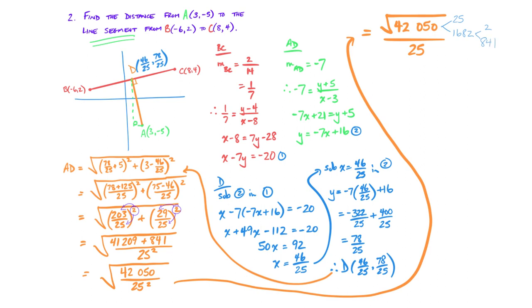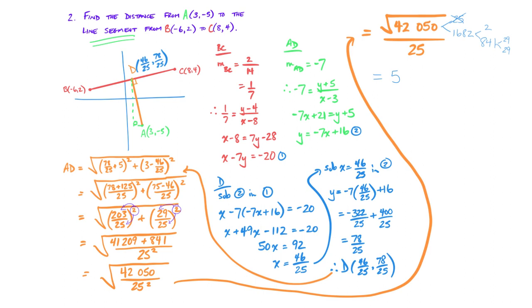Hey, if I go back into my work, I notice that 841 is 29 times 29. So I've now figured out my factor tree to be able to reduce that to lowest terms. Maybe I'm going to sneak in this line to help a little bit. I can take the square root of my 25.